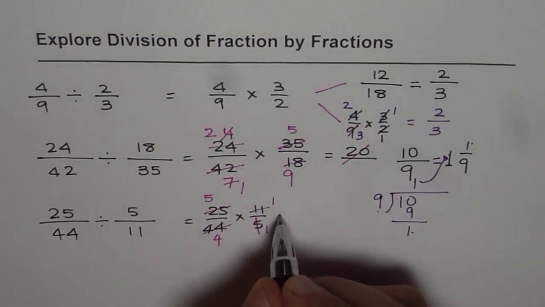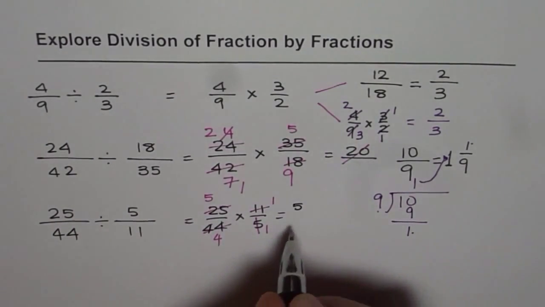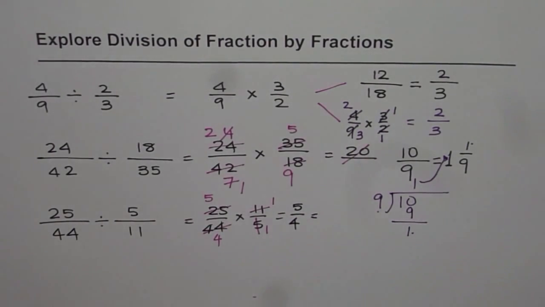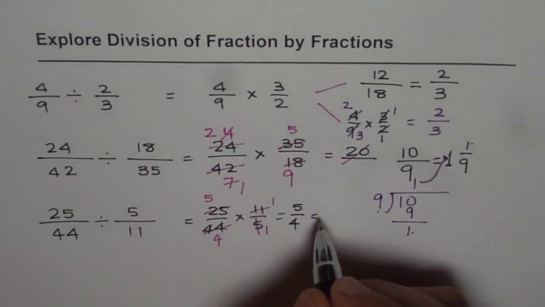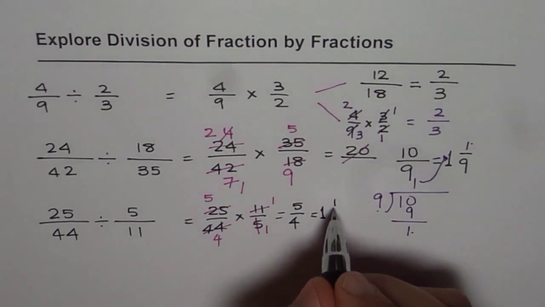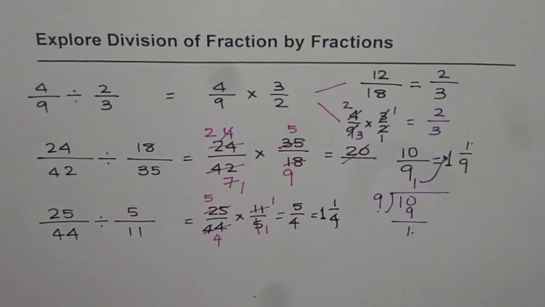So we get in the numerator 5, denominator is 4. Now this is an improper fraction. You could write this as a mixed fraction. 1 whole, 4 goes 1 time in 5, remainder is 1. 1 and 1 over 4 is your final answer. So that is how you can do it, right?